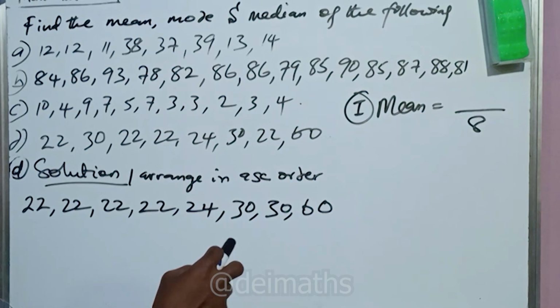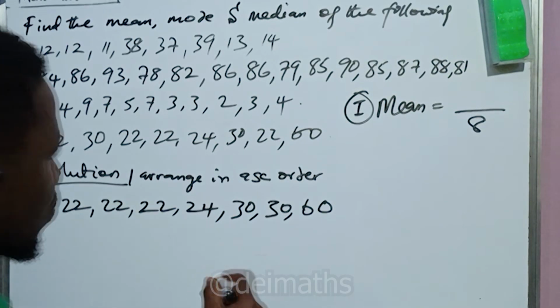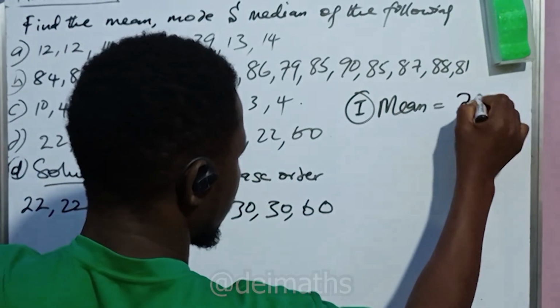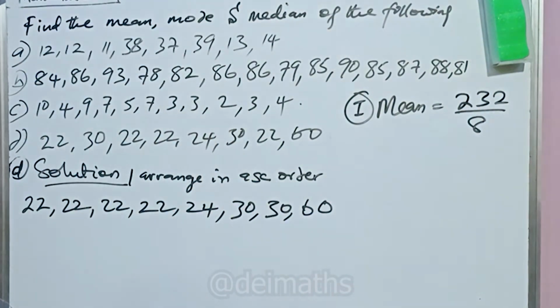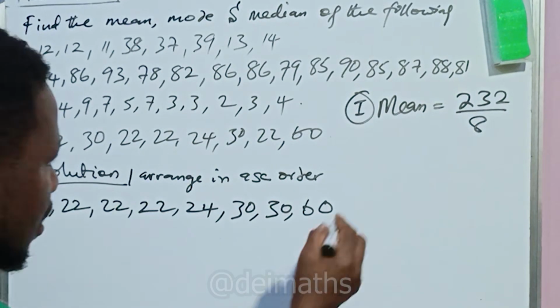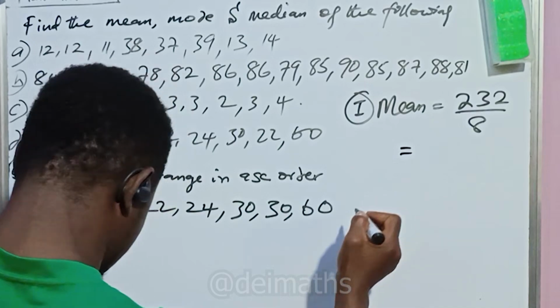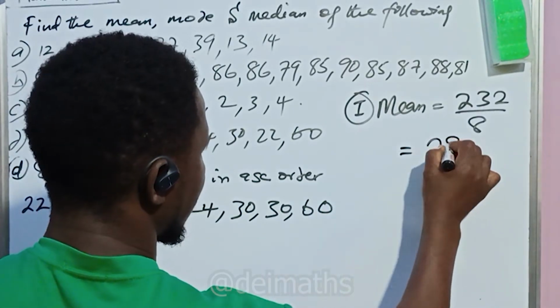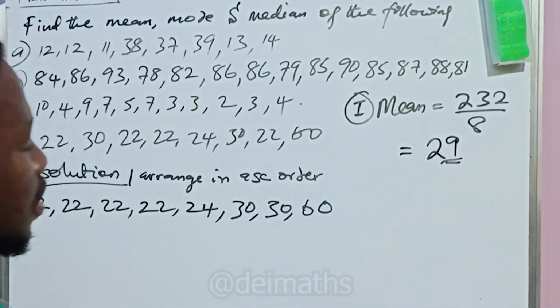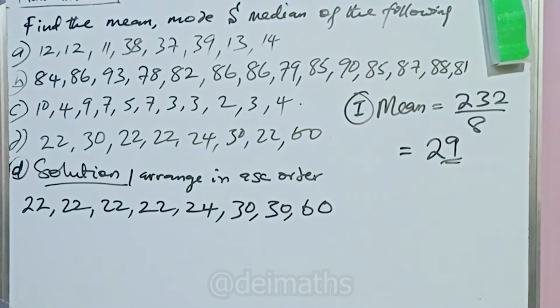When we sum it up, we have 232. If you divide 232 by 8, it will give you 29. This becomes our mean.